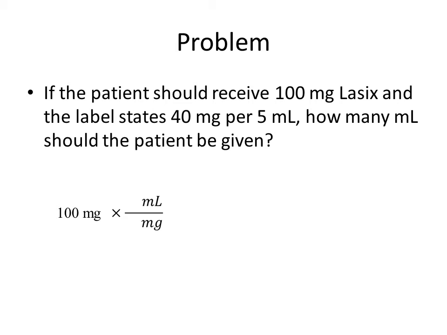I need to take my numbers, making sure that 40 stays with milligram and 5 stays with milliliter. I enter them in my fraction, and I can see now I have unit cancellation and a fraction that is equal to 1. I do my math, and I come up with 12.5 milliliters.